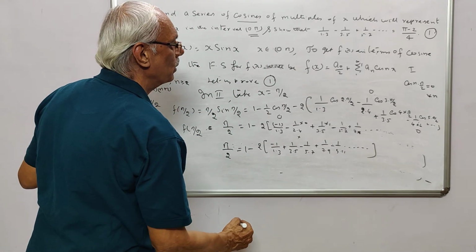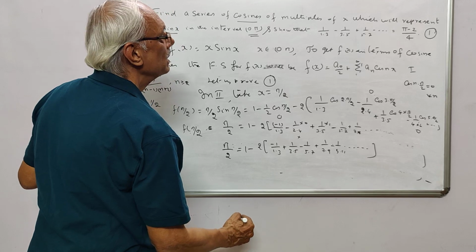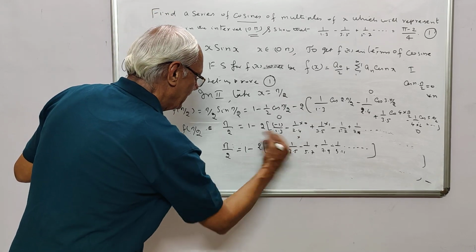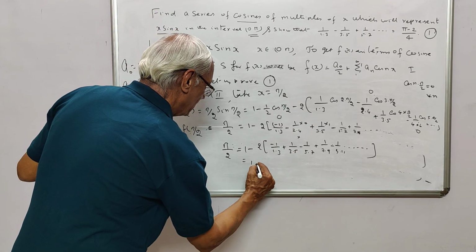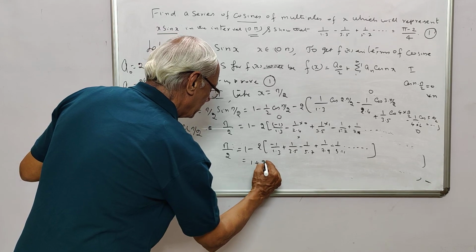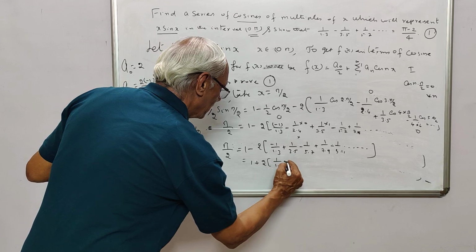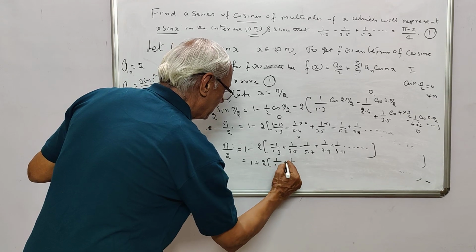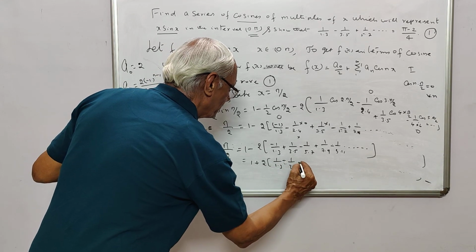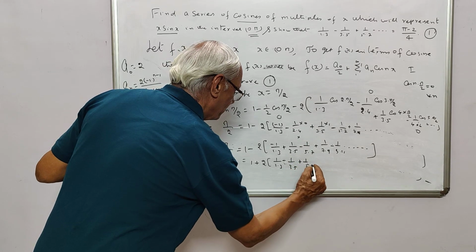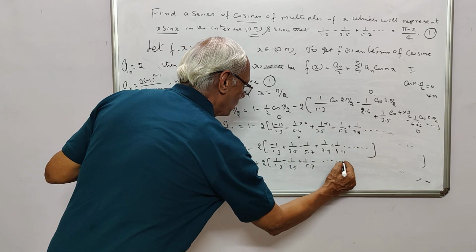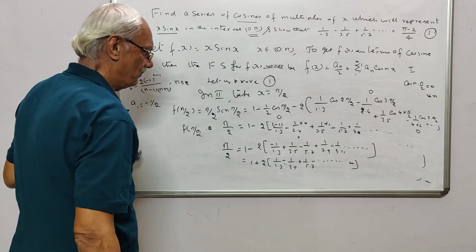So this will be equal to, take this minus sign outside: 1 plus 2 into 1 by 1 into 3 minus 1 by 3 into 5 plus 1 by 5 into 7 minus and so on. It goes to an infinite series.